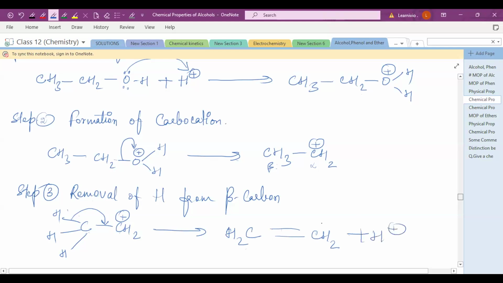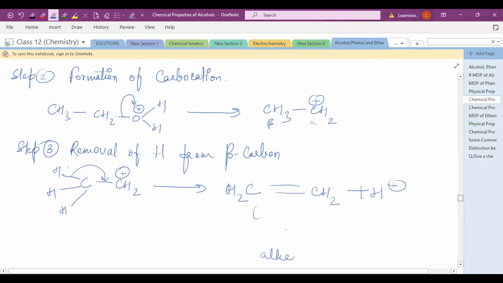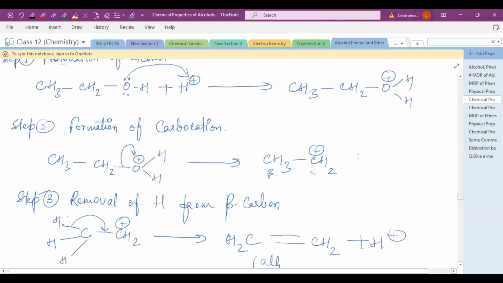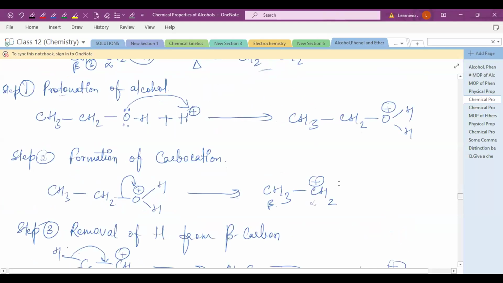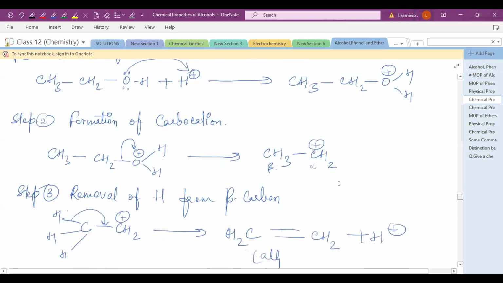So these are the three steps of the mechanism. Basically, acid dehydration occurs via three steps. First step is the protonation of alcohol. Second step, formation of carbocation. And the third step is the removal of hydrogen from the beta carbon.